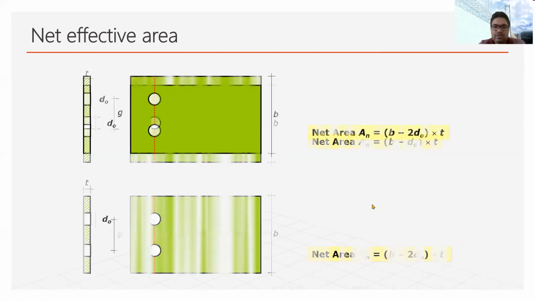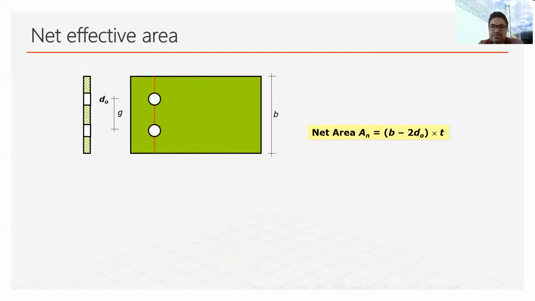Now, if there is a staggered pitch like this, if we place the holes in a staggered manner, then we are left with calculating either this red line cross section or this pink line cross section, and the area will be the same.